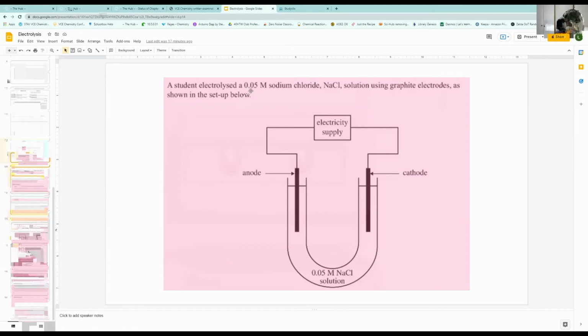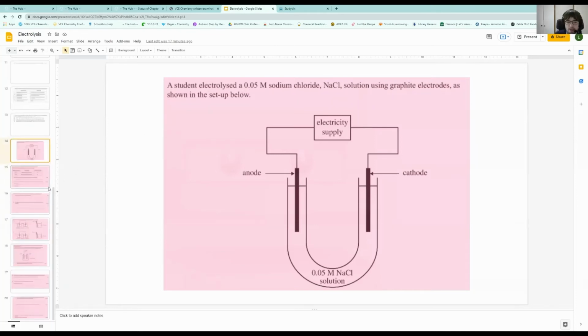If this was a high concentration, maybe we would start getting some chlorine gas or something out. At a low concentration like this, we shouldn't be expecting any funny business here. It is a solution, however. If it says solution, it is aqueous. There is going to be water around.